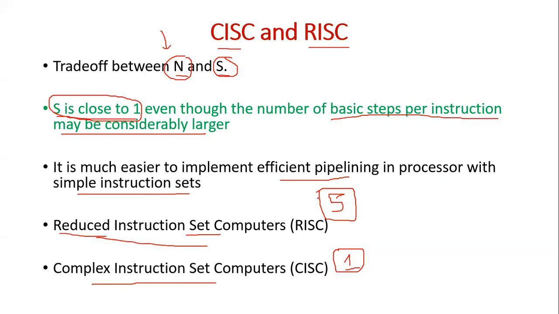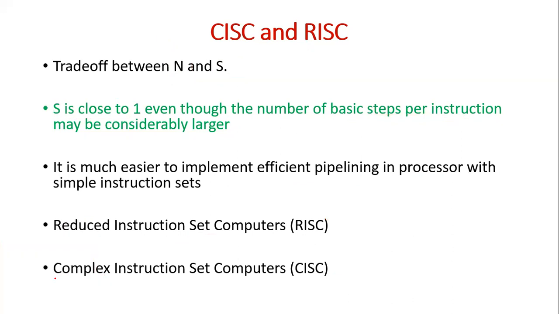Okay, because even though there are 5 instructions, that is, the S value is 5, that is each instruction has 5 basic steps, but you have pipelining. With pipelining, the effective value of S is reduced. Okay, but here, even though you have one instruction, this one instruction may take more than one clock cycle, or 3, 4 clock cycles. So that's what we are trying to say here.